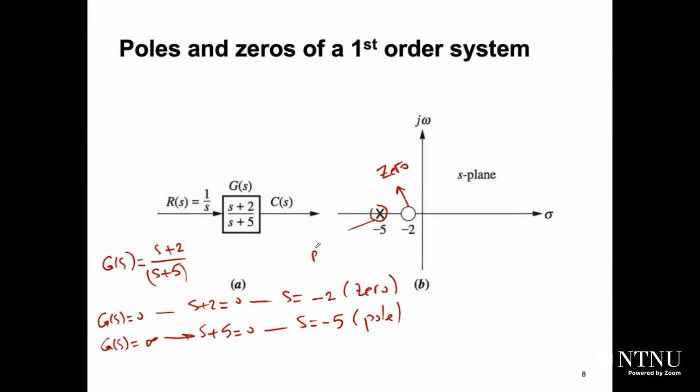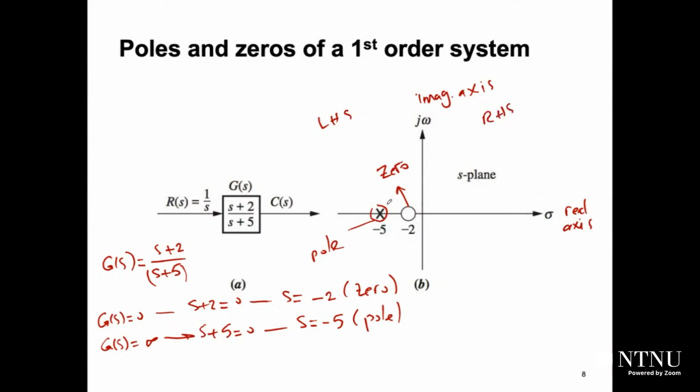So this one will be a pole. How will it look like? As you can see here in this S plane, this is the real axis, and this one is the imaginary axis. It also has a left-hand side and right-hand side.